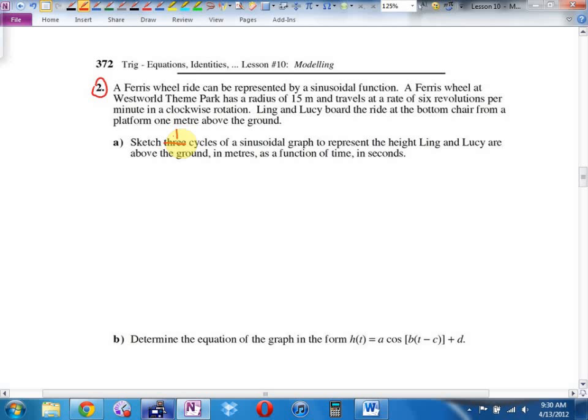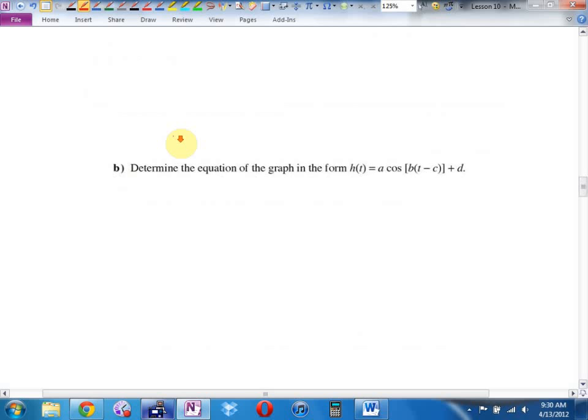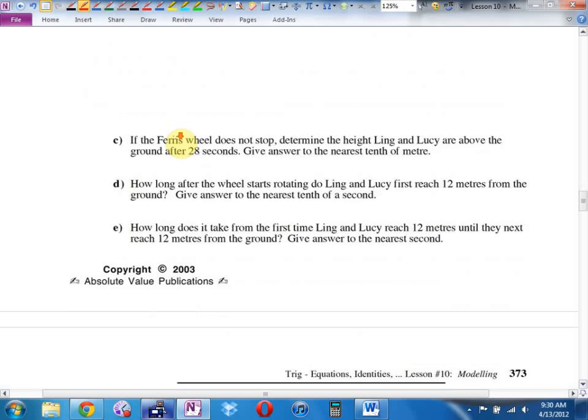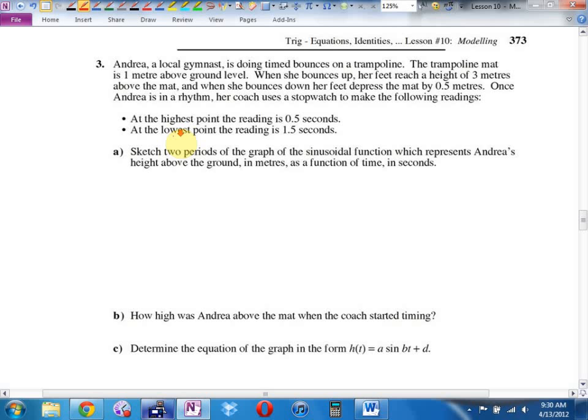I figure if you can do 1, you can repeat it. Hey, trampoline. When you're on the trampoline, you bounce up, and when you hit the trampoline, you go down. Up. Hey, that's a trig function. Sketch 1 period.